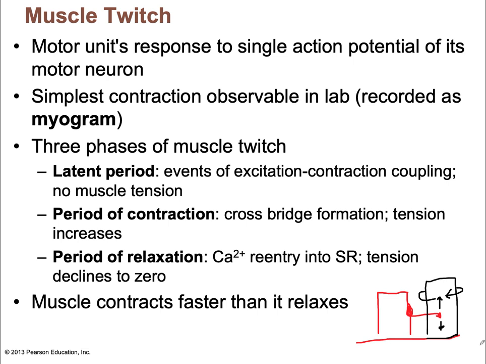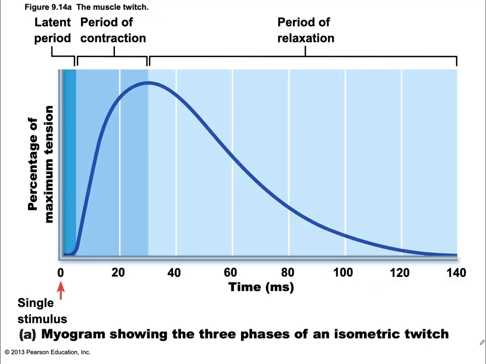Okay. So if you generate a simple stimulus, like here in dark blue, where the red arrow is the stimulus, you'll produce a twitch. This is not something that muscles normally do in the body. You don't normally go around performing actions by twitches.